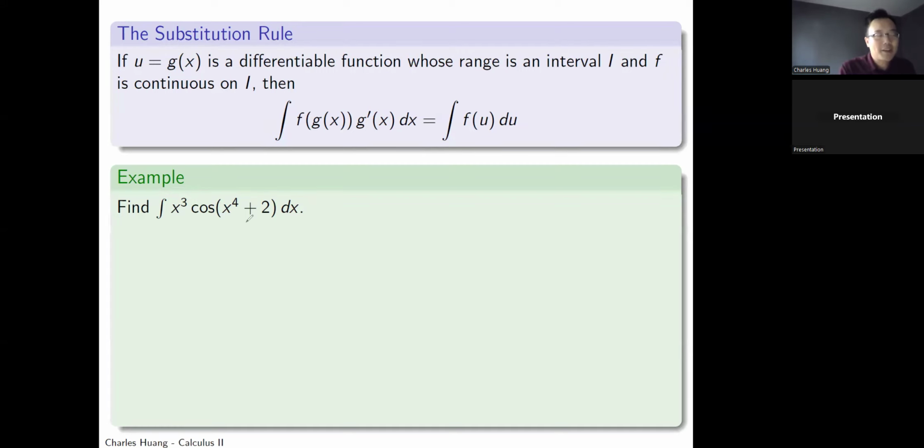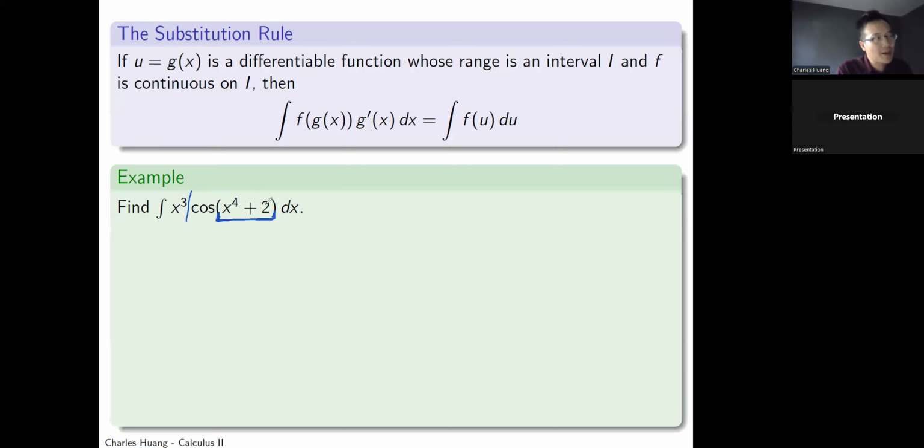When you look at any function, first notice that this function has 2 parts. We have x cubed, and we have cosine of x to the 4th plus 2. You'll notice the inside of this cosine function is a function within a function.